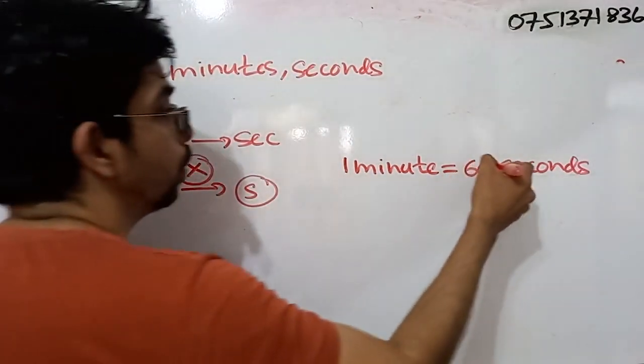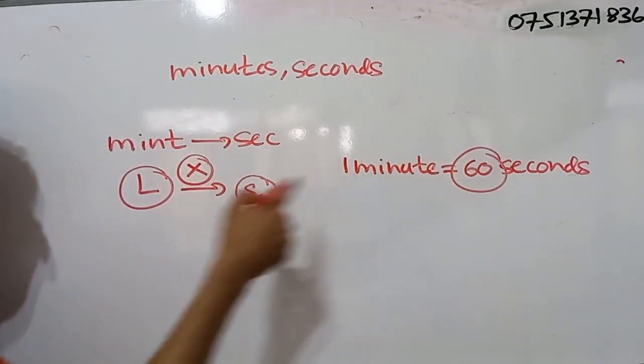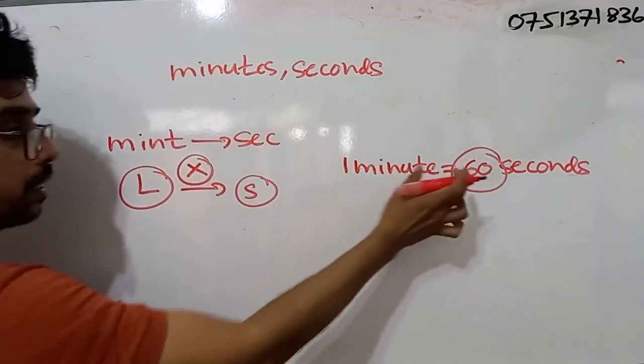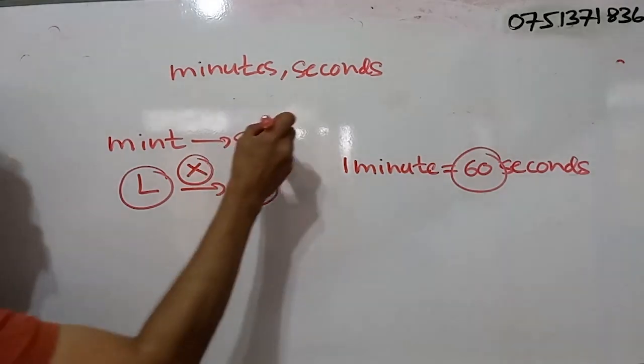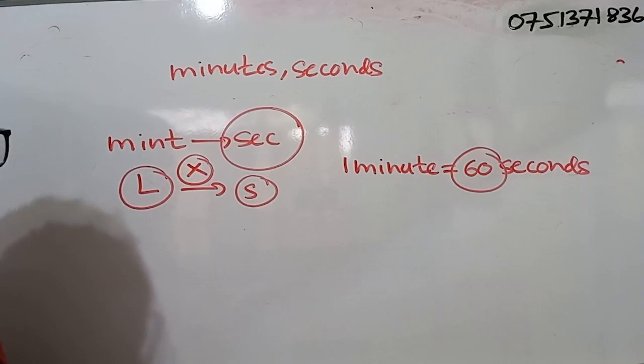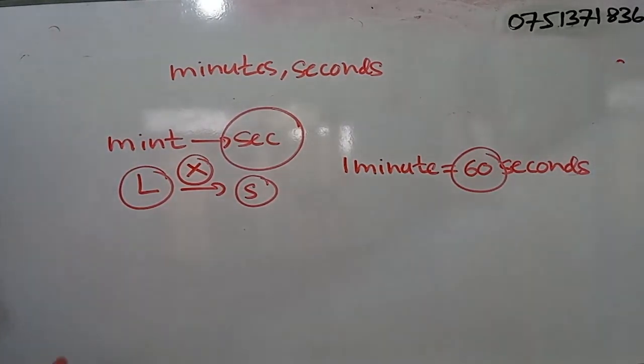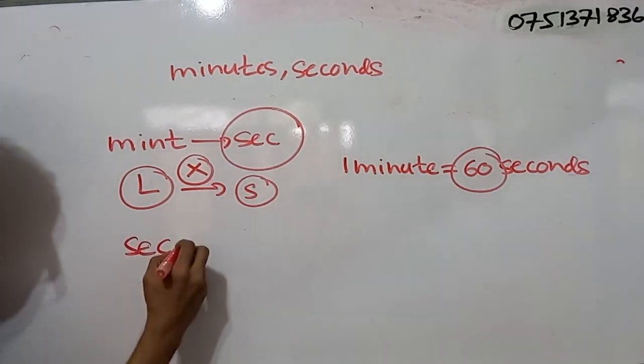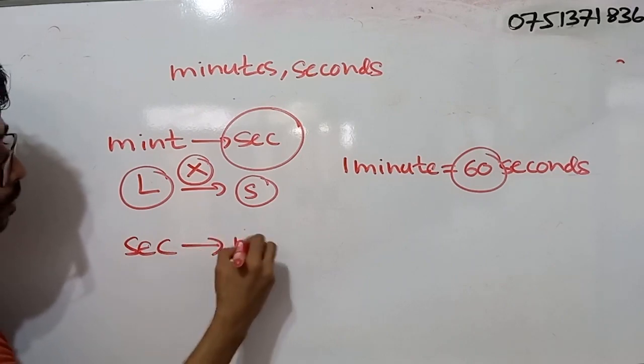So what do we have to do? We have to multiply the given minute amount by 60. Then we can get the given minute amount in seconds. And the other way around. Imagine that we have been given some seconds to convert into minutes.